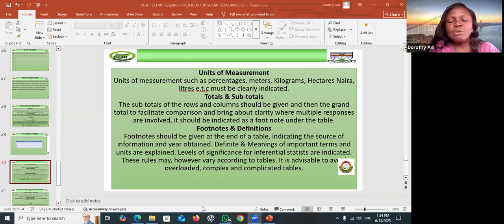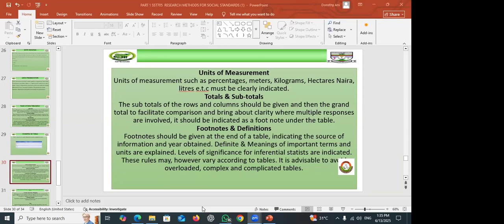You normally see people writing source: field survey. Some people write data analysis by the researcher. Any of these you can write. What if it's a table that did not originate from you, maybe a table you adapted from somebody? You write under source where you got it from, maybe obtained from Banada, IDP or FAO.